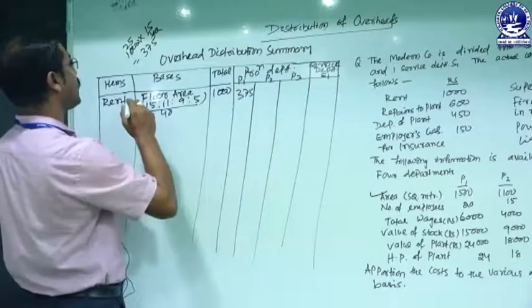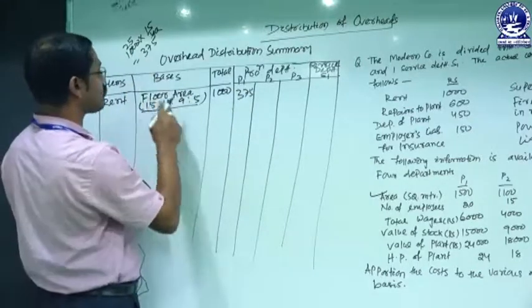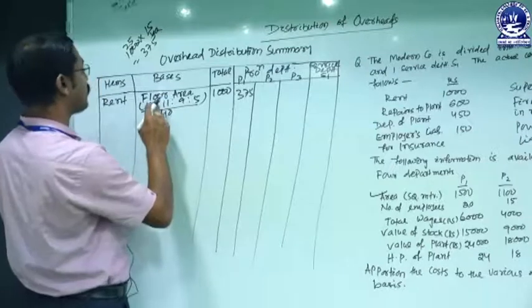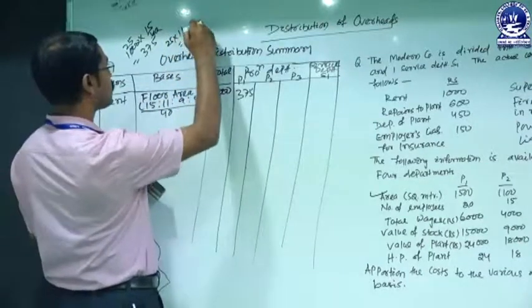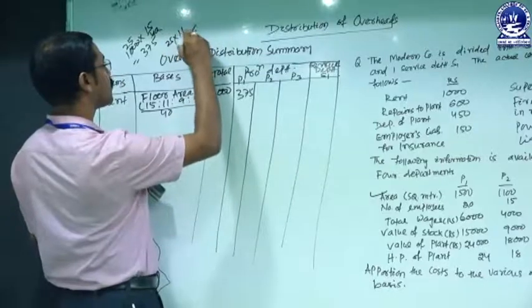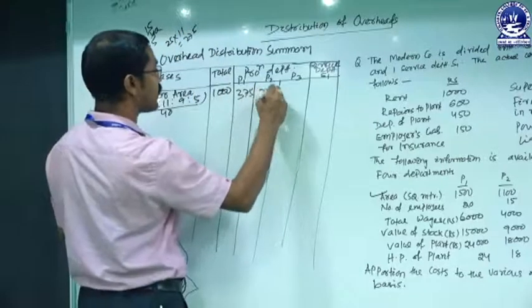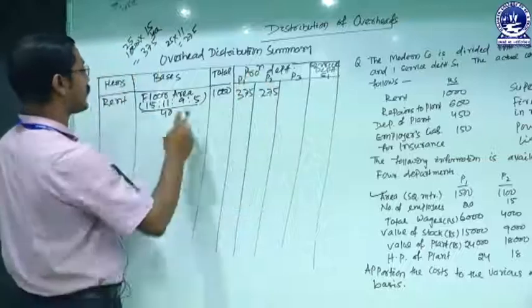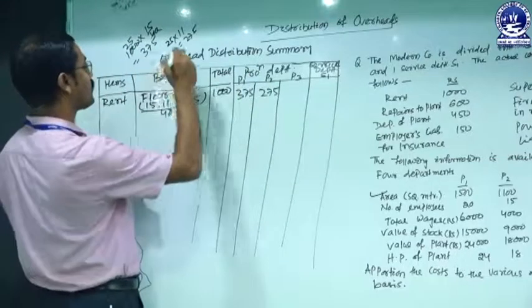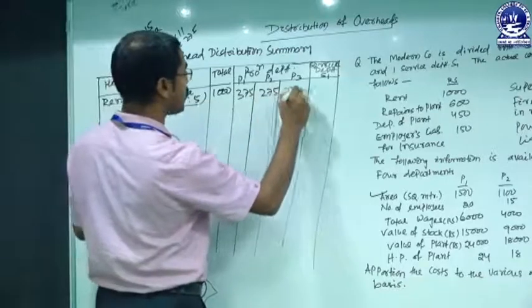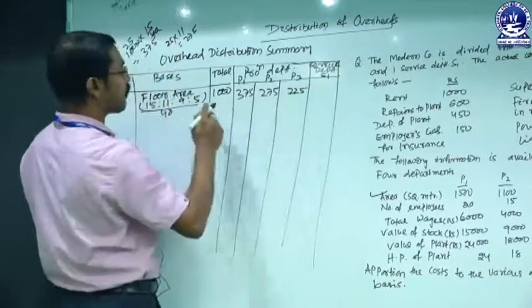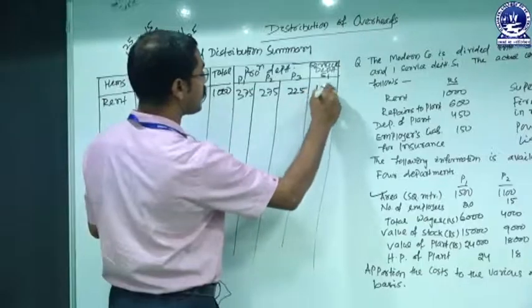Then 1000 divided by 40 is 25, multiplied into 11 gives 275, which is allotted to P2. Then 9 by 40 of 1000 means 25 multiplied into 9, that is 225. Then 25 multiplied by 5, that is 125.